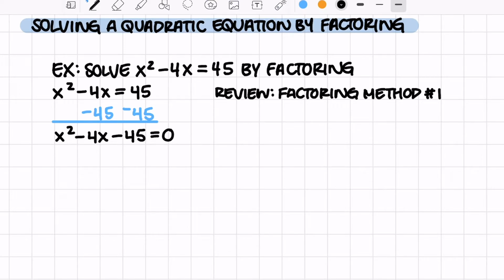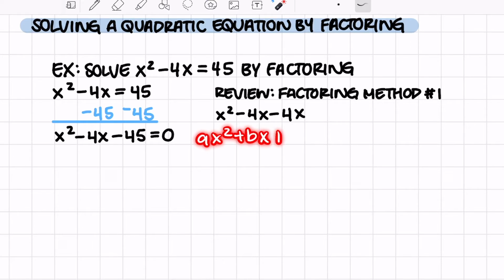If I were to factor x squared minus 4x minus 45, I need to identify what my a value, b value, and c value are from the formula ax squared plus bx plus c.